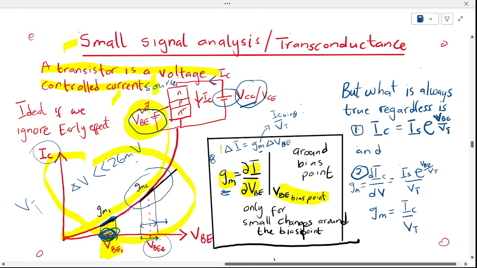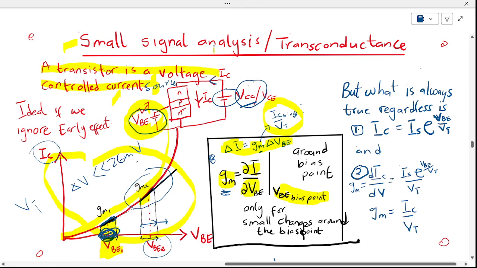And I can rewrite this in this formula, that the change in current is equal to the transconductance, which by definition we'll see very soon why it's like this, is equal to this. So there will be a linear relation between the current and the voltage. As you can see here, only occurs in small changes.